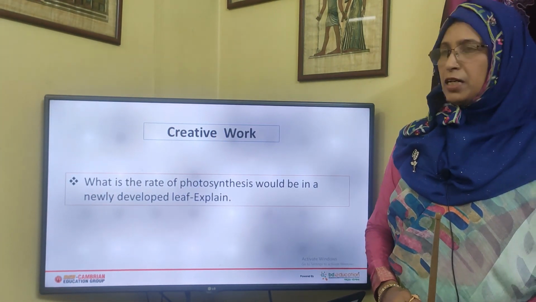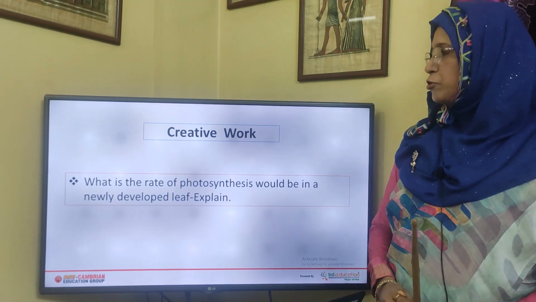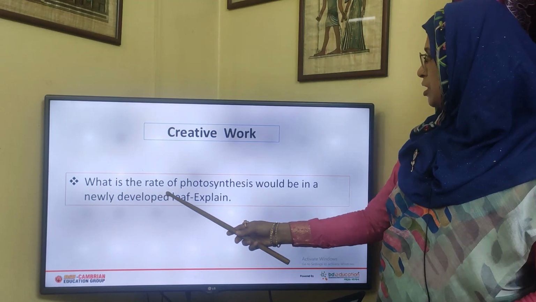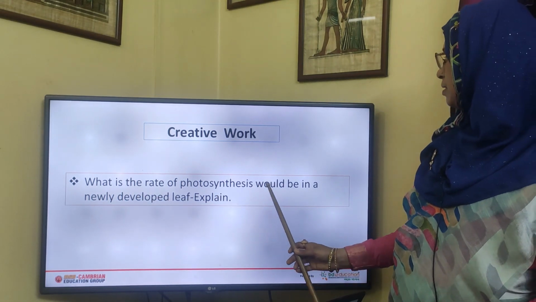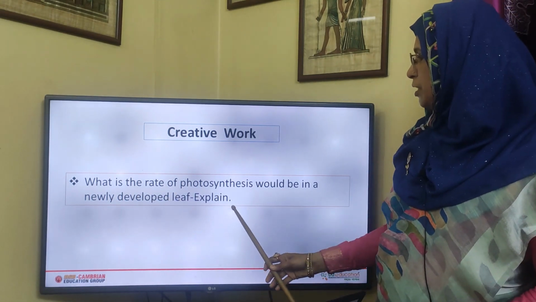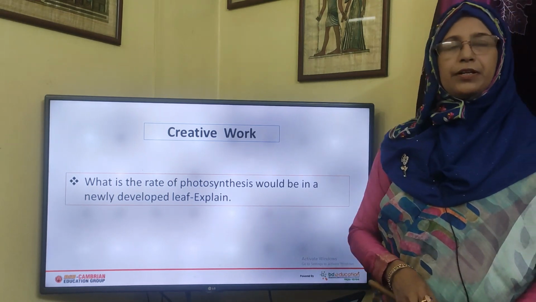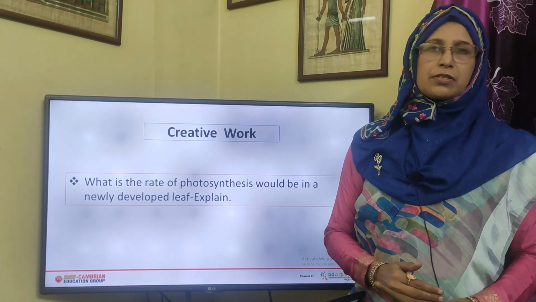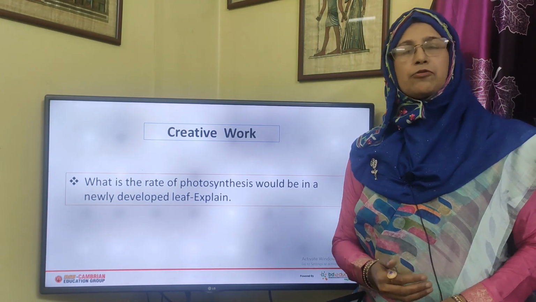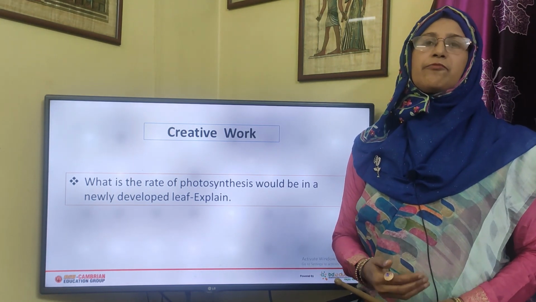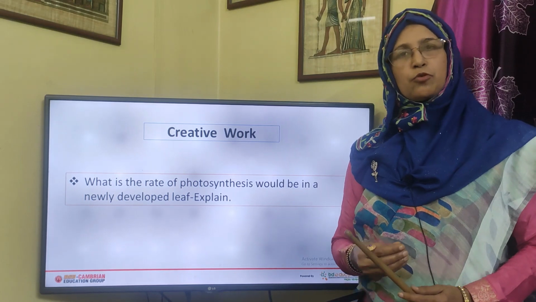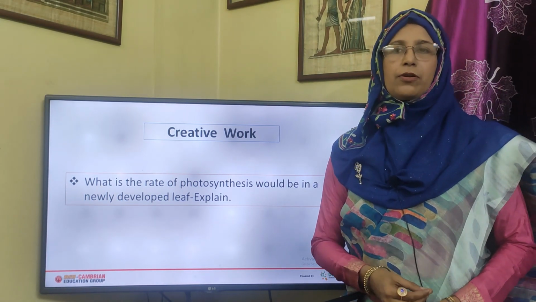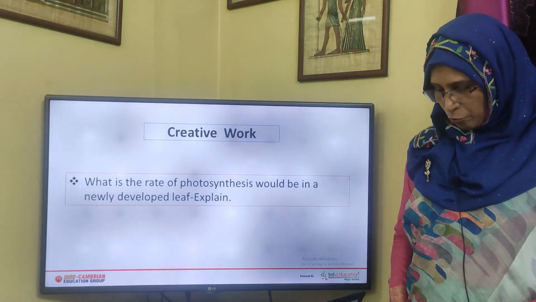Now a creative work: try to answer these questions. What would be the rate of photosynthesis in a newly developed leaf? Explain. Dear learners, not only this question, there are different questions, such as how temperature or carbon dioxide can influence photosynthesis. These questions can also come in your question paper as marks questions.